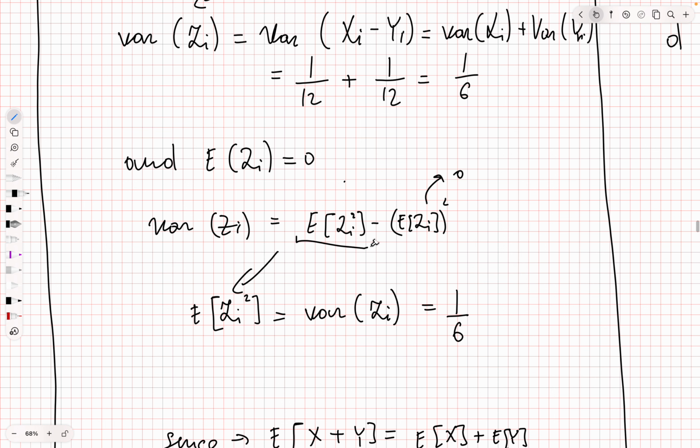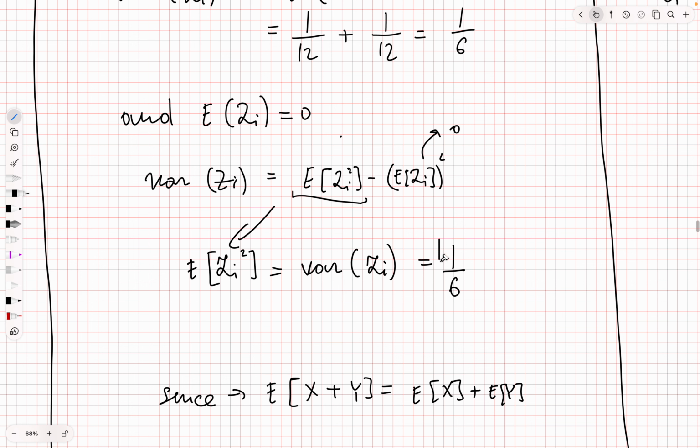Then we see that the variance of zi is equal to the expected value of zi squared. And then we come up with this 1 over 6. The expected value of zi squared is 1 over 6.